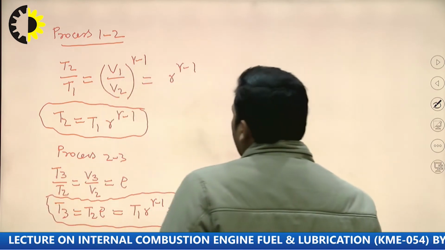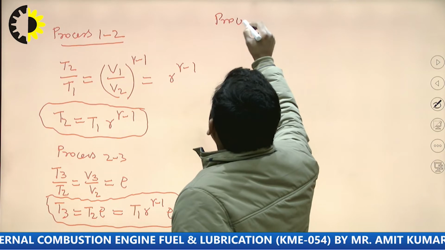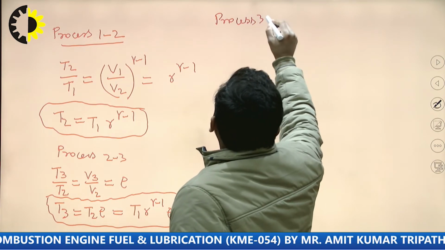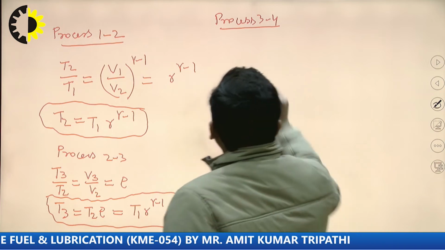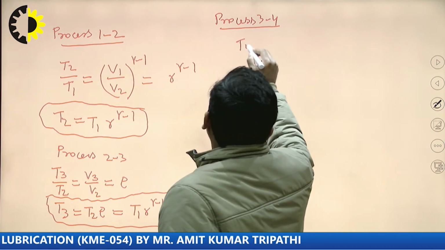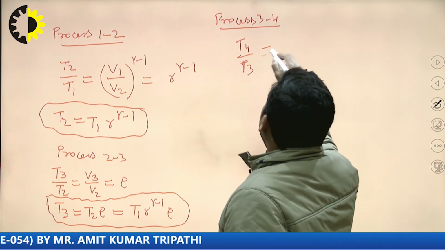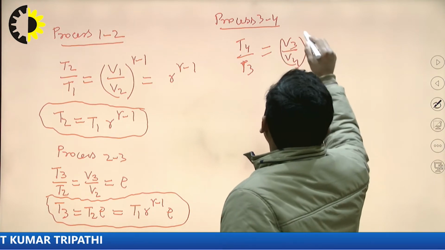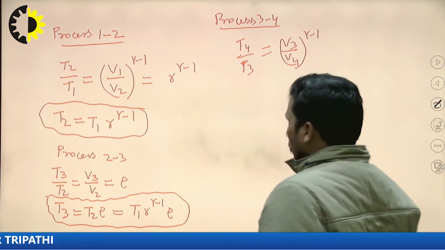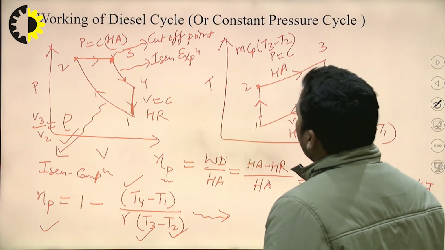And in process 3 to 4, that is an isentropic expansion process, T4 by T3 is equal to (V3 by V4) to the power gamma minus 1.